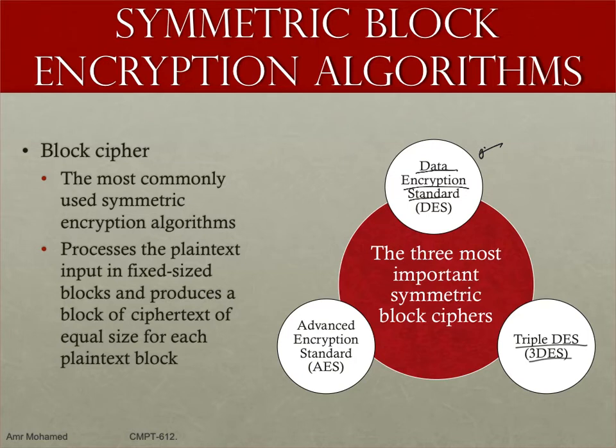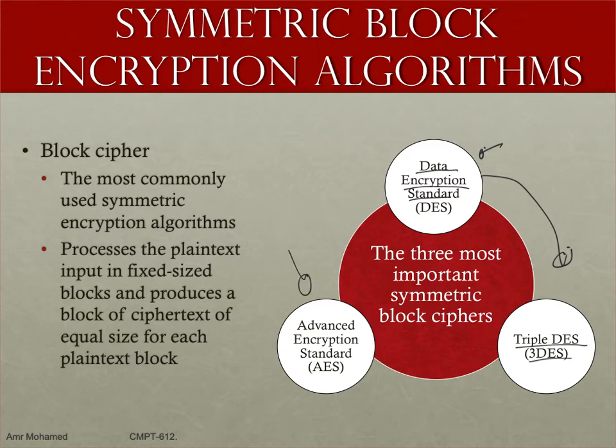You can do this using a powerful machine, maybe in 1 hour or less. So they try to strengthen DES by having triple DES, which uses 3 times the key size.